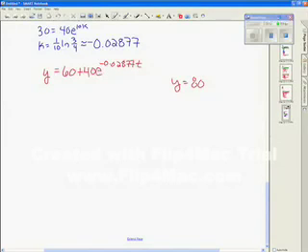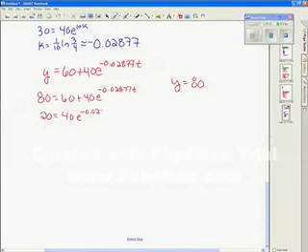So, let's find out. We get 80 equals 60 plus 40 e to the negative 0.02877t. Now we need to solve for that t. We want to know how long this took. We get 20 equals 40 e to the negative 0.02877t, or 1/2 equals e to the negative 0.02877t.